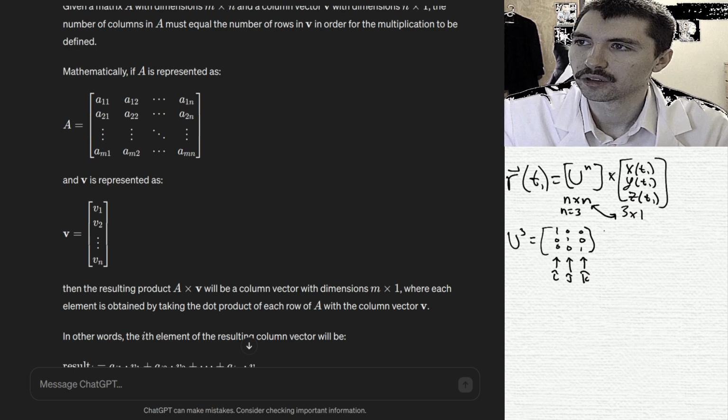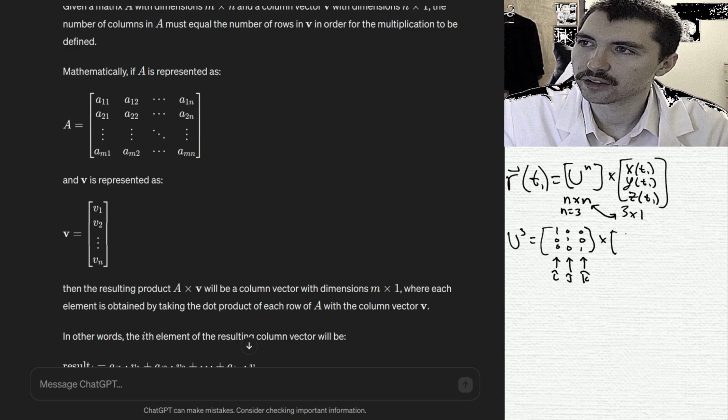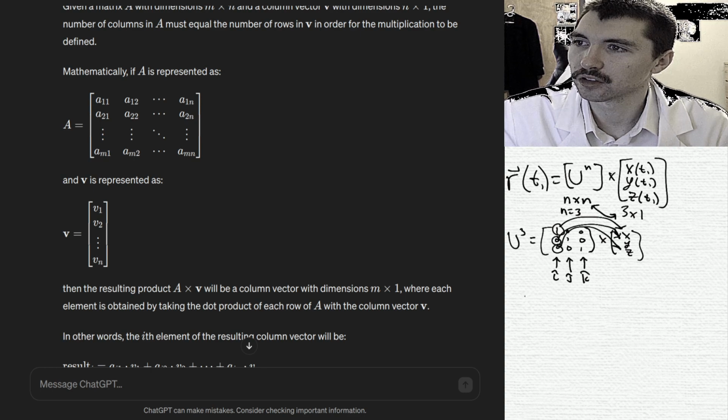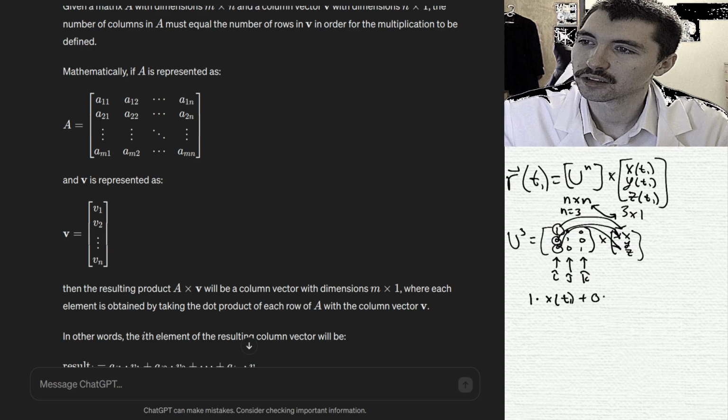Okay, so how do you do that? Writing these variables as shorthand of this. So you're going to take 1 times x, 0 times y. So it's going to be 1 times x. I hope I'm doing this right. 1 times x plus 0 times y plus 0.